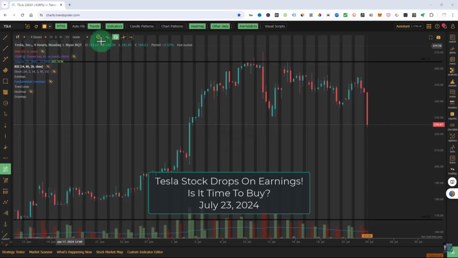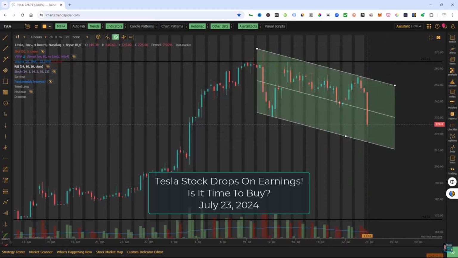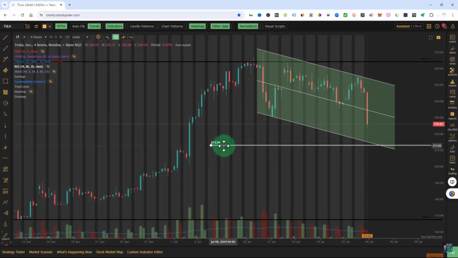And you can see that this candlestick here is the reaction to earnings after the bell. So where I think that we may see a defense of the shares is probably within this range here. So this will coincide with, and again, this is a 4-hour chart, probably around the 214.94 mark.